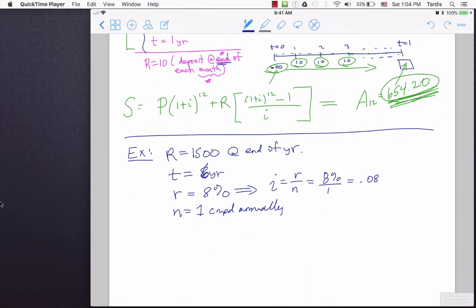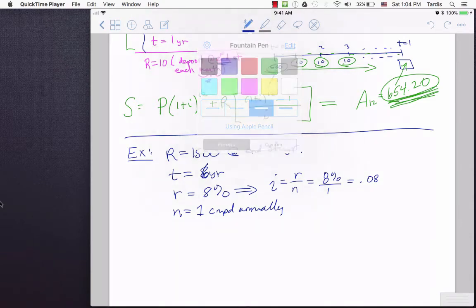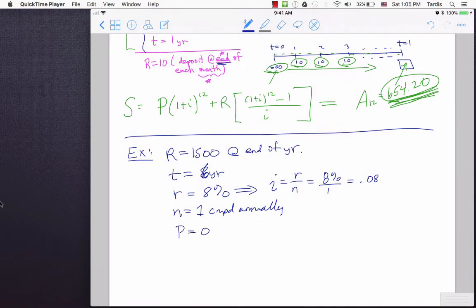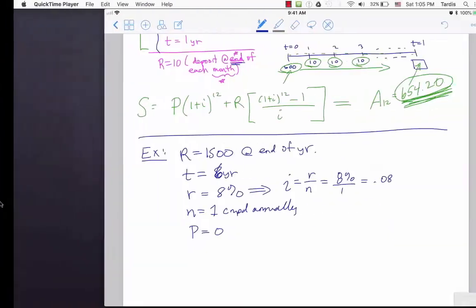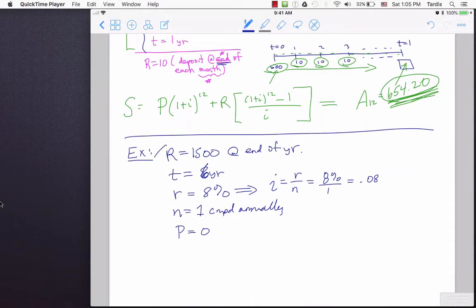We want to know how much we have at the end of 6 years. We are just making deposits, and we had no starting money in the account. So the question is, how much money is in the account after 6 years?